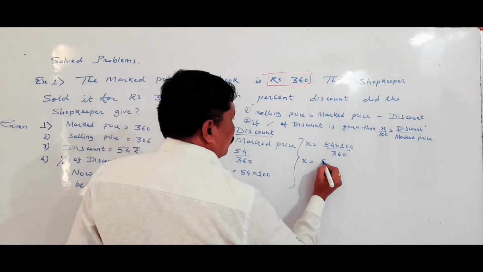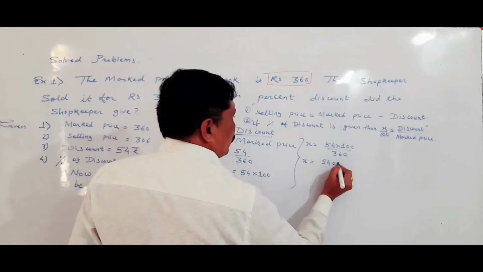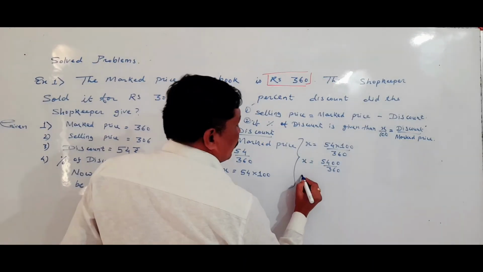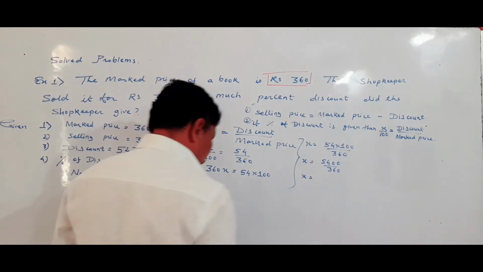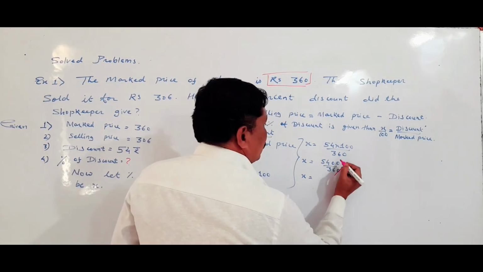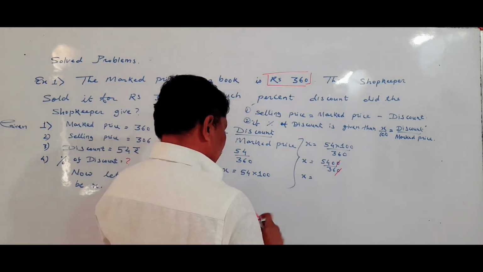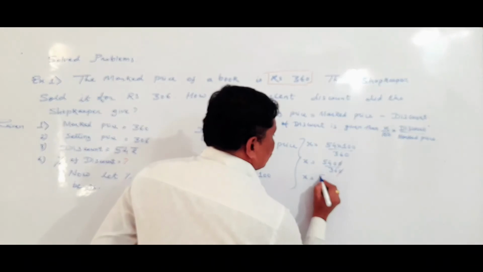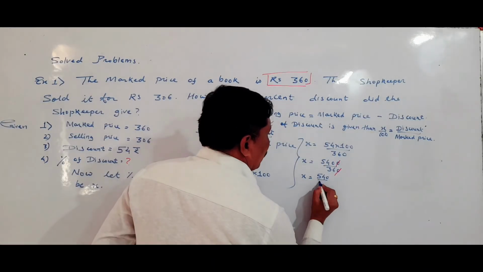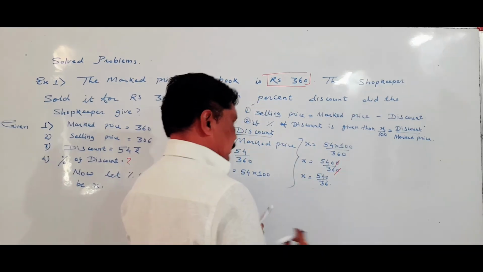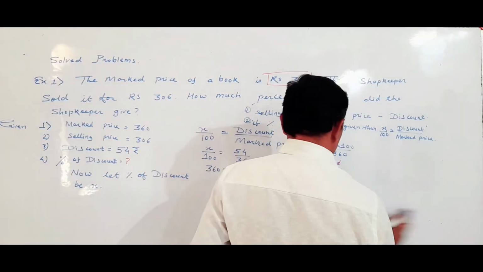X is equal to 5400 upon 360. X is equal to, cutting the 0, 540 upon 36. Let's divide.